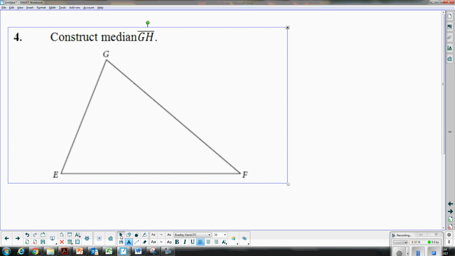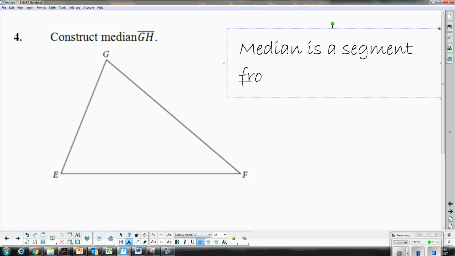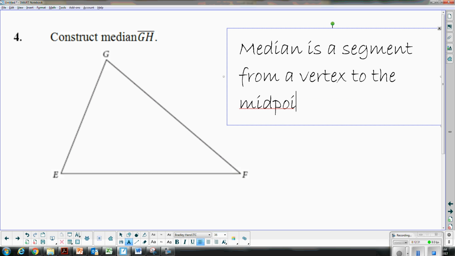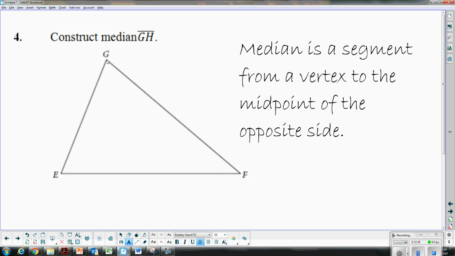All right, the next question, we're constructing a median. A median is a segment from the vertex to the midpoint of the opposite side. Okay, so with that in mind, GH, we need to construct the median. So it comes from the vertex to the midpoint of the opposite side. So I need to find the midpoint of EF.